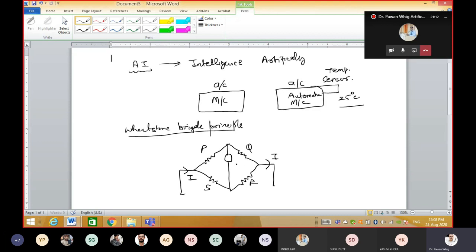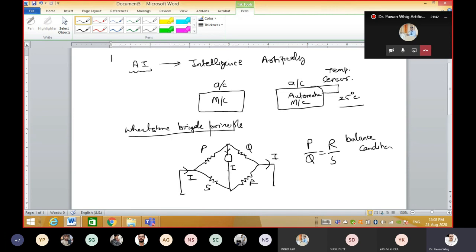This principle says that if P by Q is equal to R by S, this is what we call the balanced condition. Under a balanced condition, no current will flow through the middle arm. This is what we call the Wheatstone bridge principle.